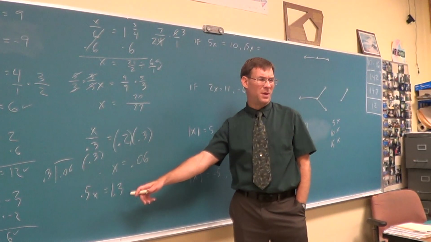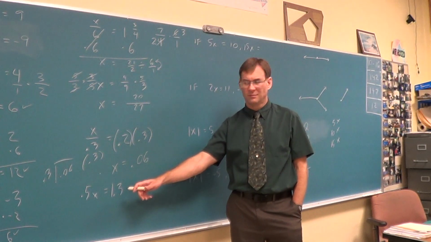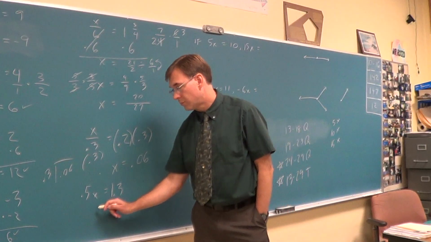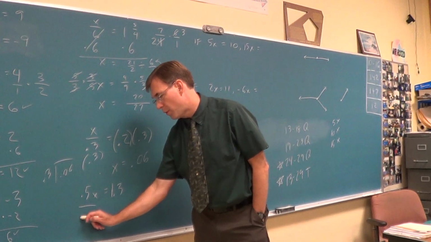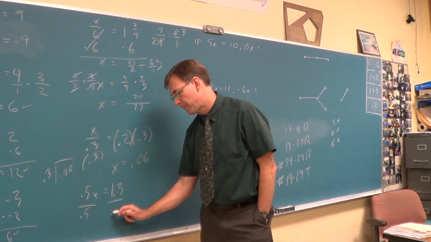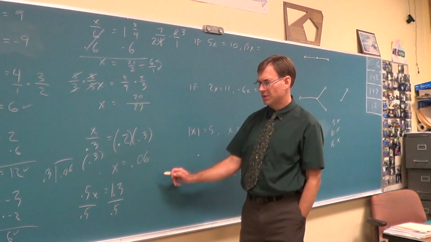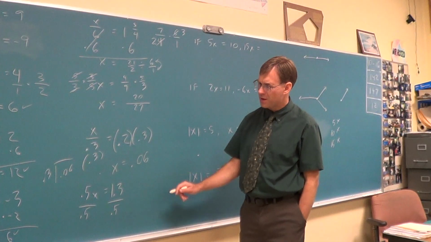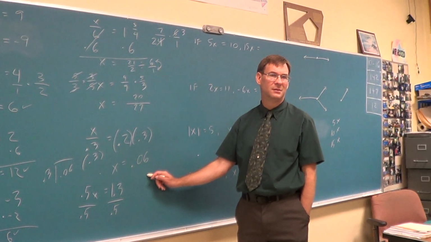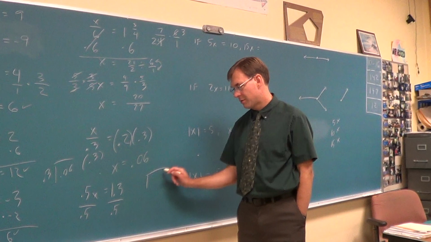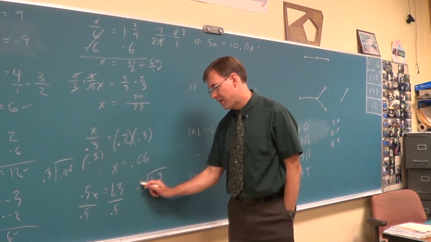How would you attack this one? Divide the 5. Divide with a 0.5. But that's kind of an awkward way to look at division. What's a better way to look at it? 1.3 dividing 0.5. Put 1.3 in the box and 0.5 outside of the box.